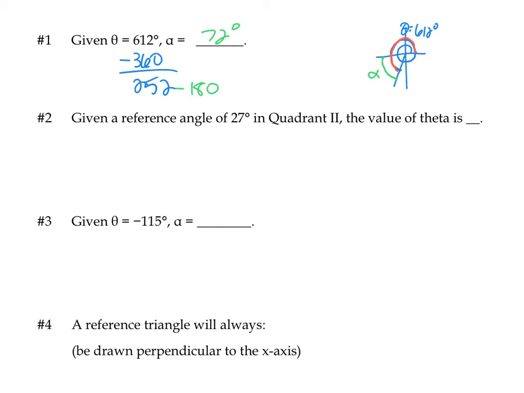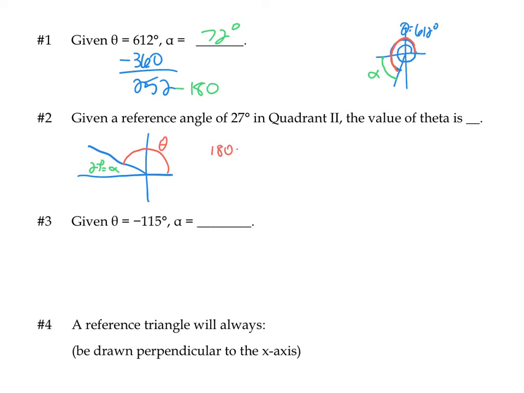Next question, given a reference angle of 27 degrees in quadrant 2, so we're going to draw out a reference angle in quadrant 2. Okay, got our reference angle right here. 27 degrees is our reference angle. We want to know what theta is. Theta would be this angle right here, that's theta.